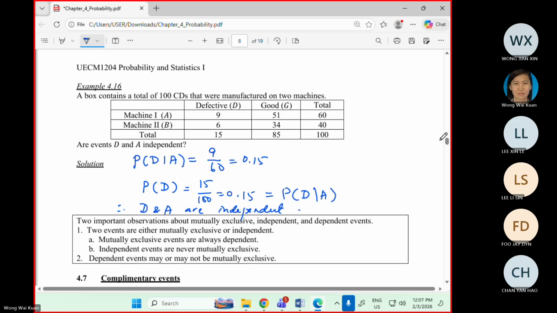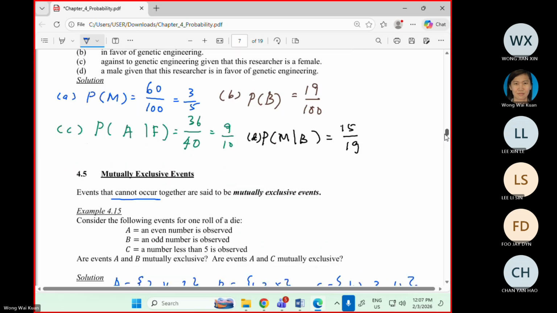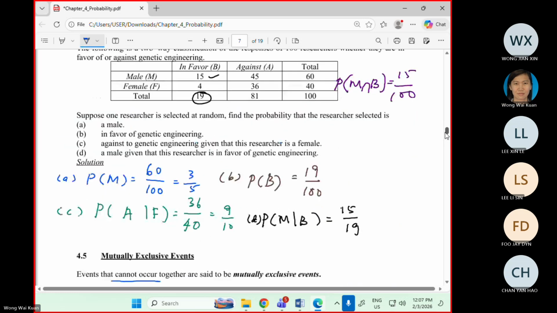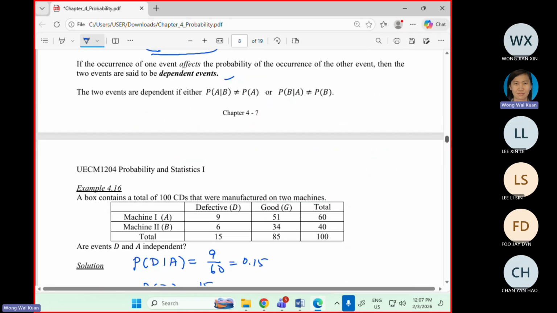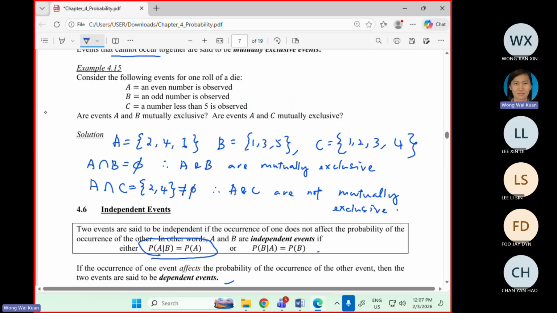Now, when I have A intersect B as an empty set, what is my probability of A intersect B? 0, because nothing, right?